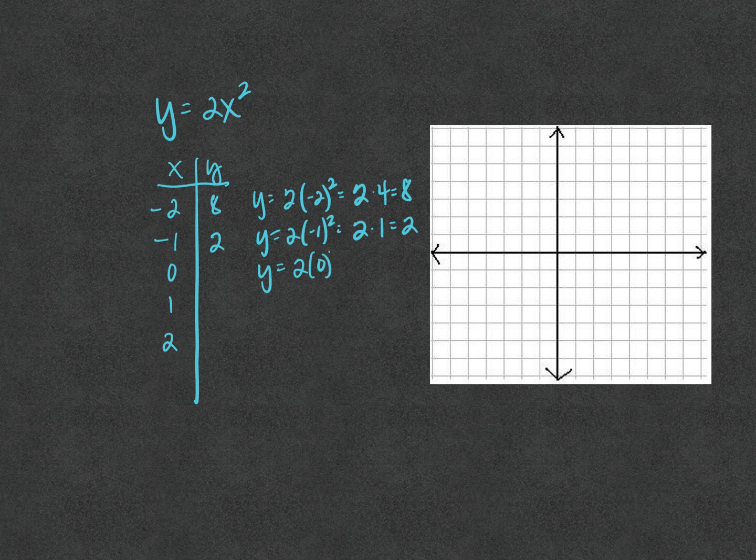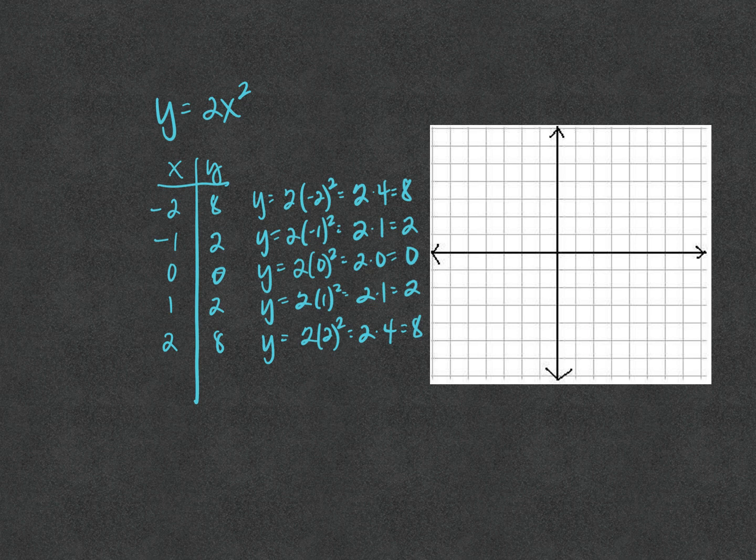We're going to do 2 times 0 squared, which is 2 times 0, which is 0. We're going to do 2 times 1 squared, which is 2 times 1, which is 2. And 2 times 2 squared, so 2 times 4, which is 8.